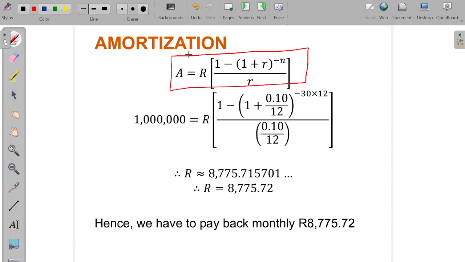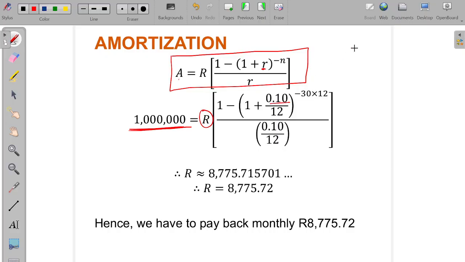In our calculation, our A is our loan, we are calculating for R, and our small r, which is the rate, is 0.1.